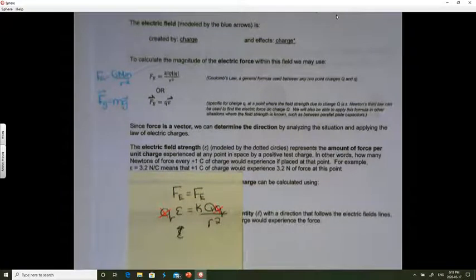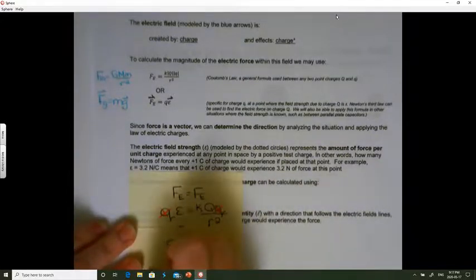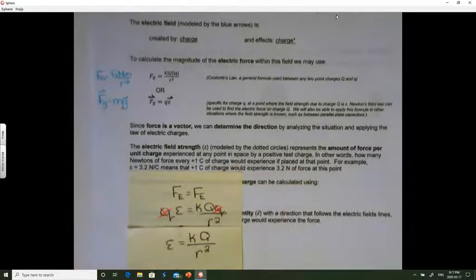I'll just write that over there. The magnitude of our electric field strength is equal to that constant times the charge of the object creating that electric field divided by the square of our distance from its center. So that's what our formula is going to look like.